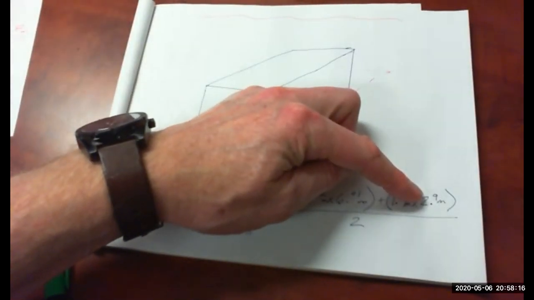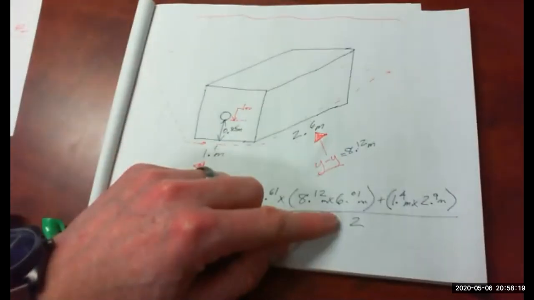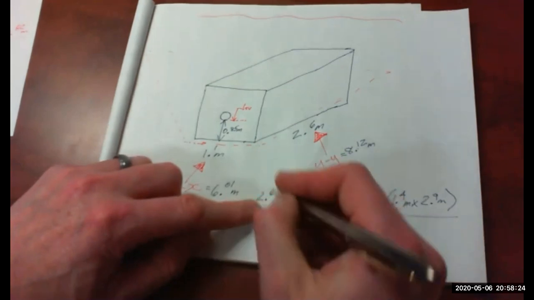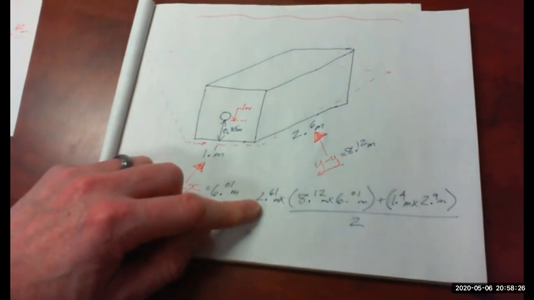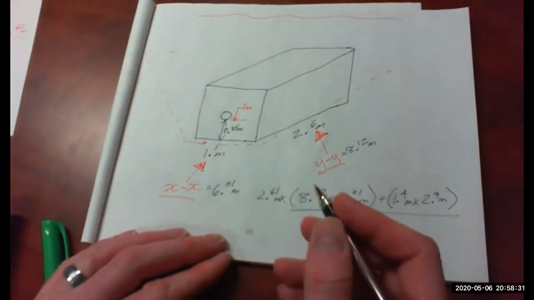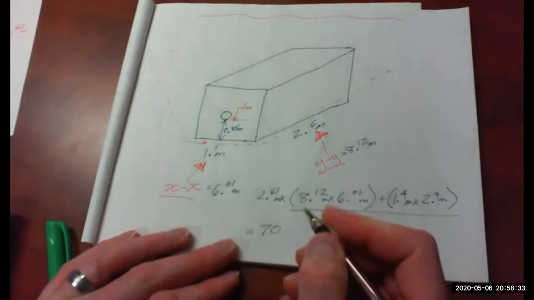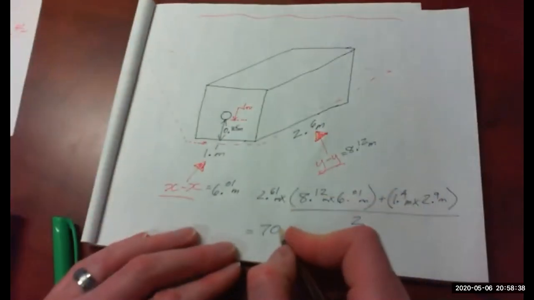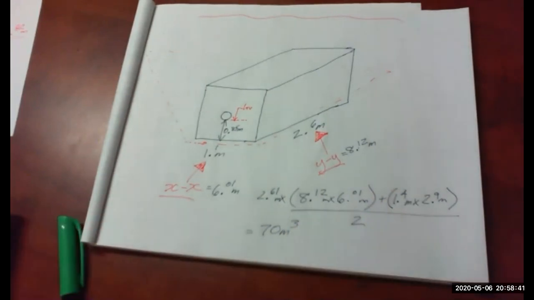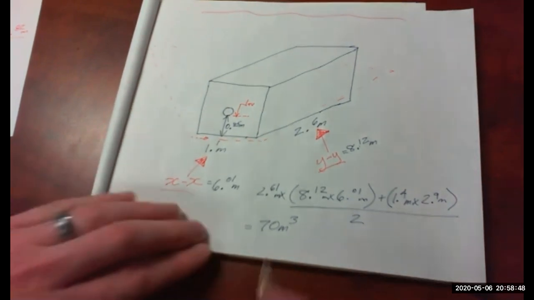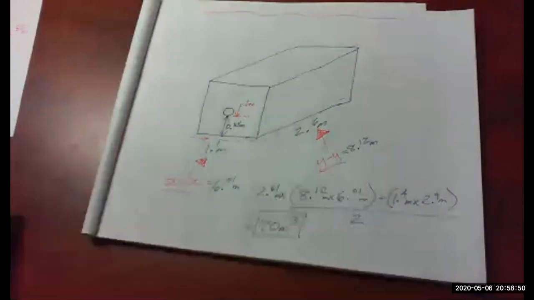So if I add those together, divide by 2, I get an average end area of about 26.4. So multiply by the depth, 2.61, gives you 68.98. So I'll just round it up to an even 70 cubic meters. Okay, so that is our excavated volume.